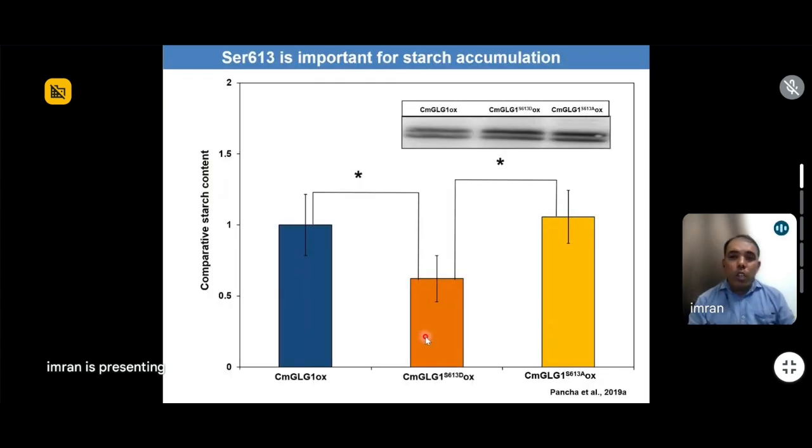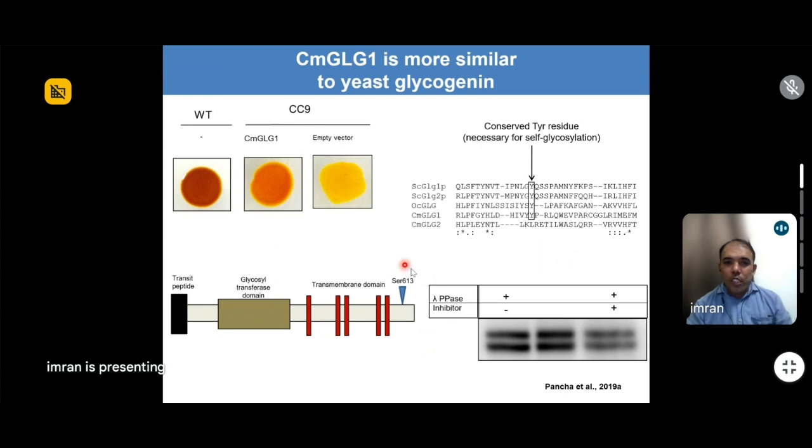So to confirm that the serine 613 residue is the key residue important for the accumulation of starch, we constructed the phosphomimic and the phosphomutant strains, where we change this serine 613 to aspartic acid, similar to the phosphomimic strain, which is like a continuous active state, and then the phosphomutant, which converts the serine into the alanine residue.